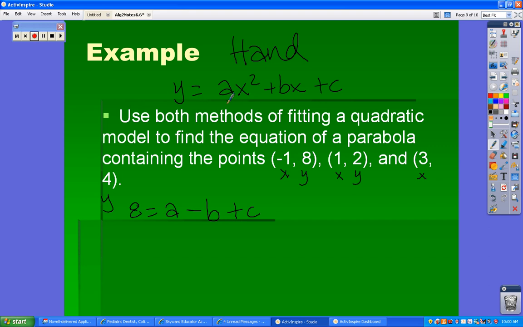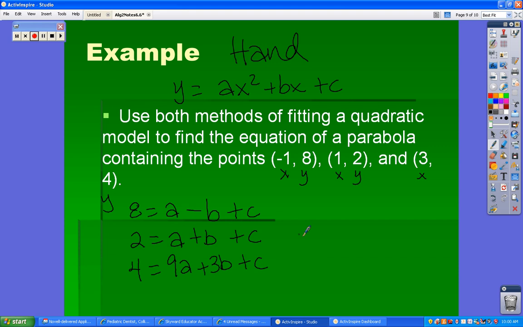I just plugged in -1 here and here. Okay, next one, I'm going to plug 2 in for y. 2 equals 1 in for x, a, 1 in for x, plus b, plus c. And the last one, 4 in for y. 3 in, so it's 9a plus 3b plus c. All right.